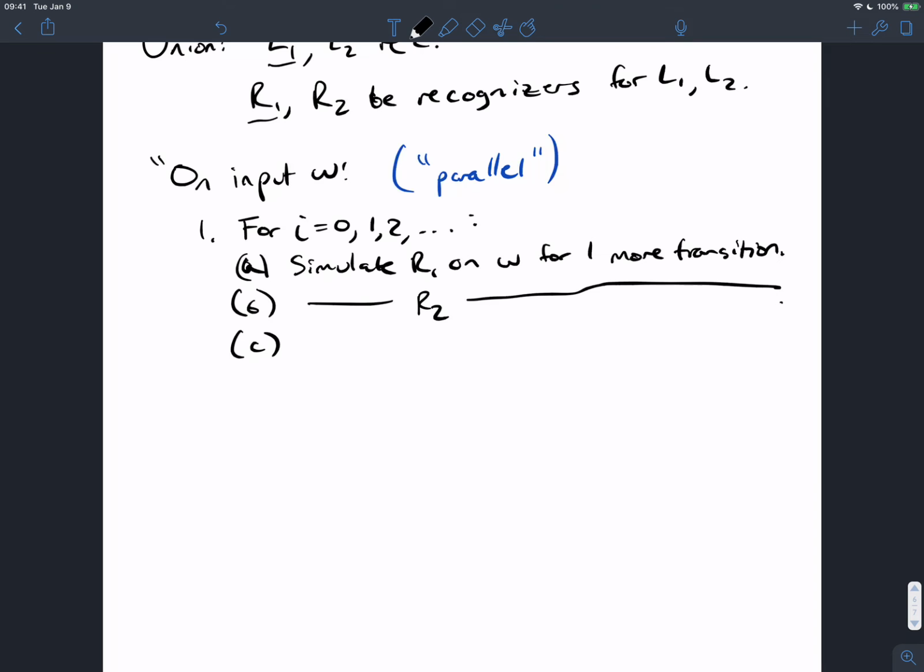If either accepts, should I accept? Yeah. So if either R1 or R2 accepts, we will say accept. Do I care if both of them say reject? No, I just run again, and again, and again.